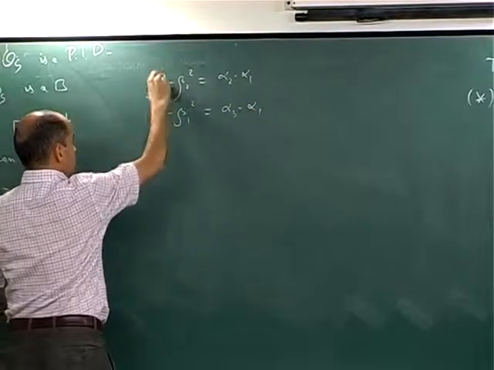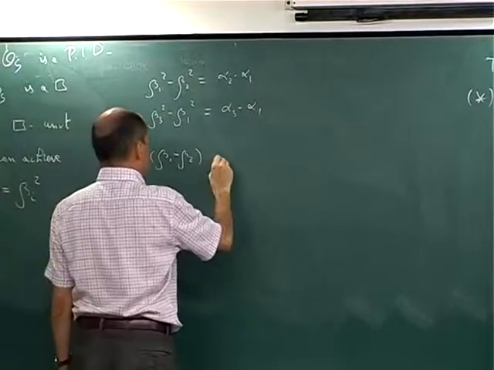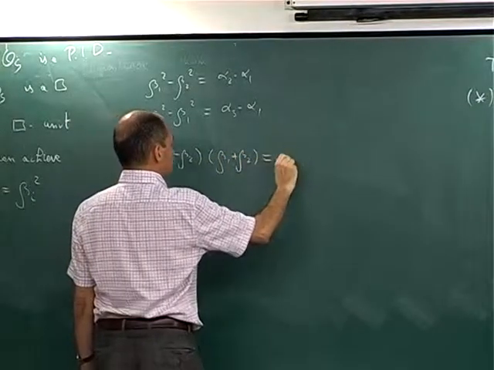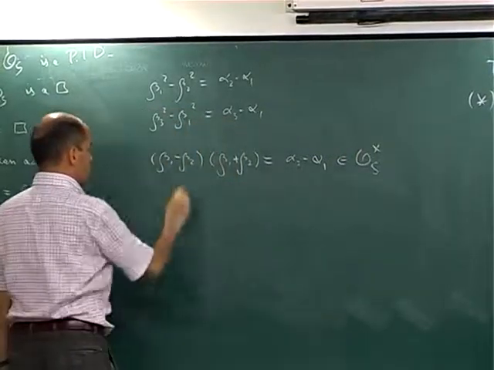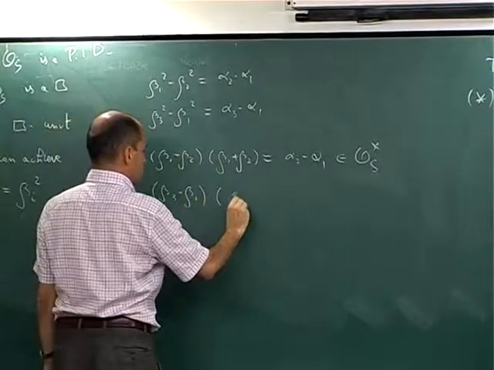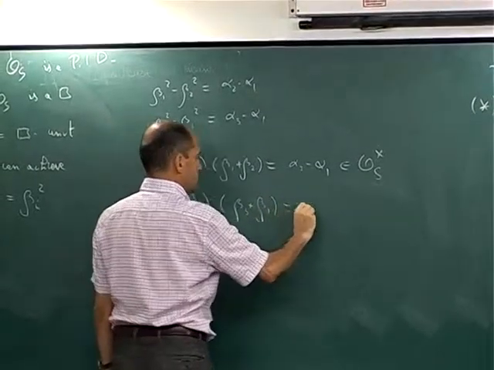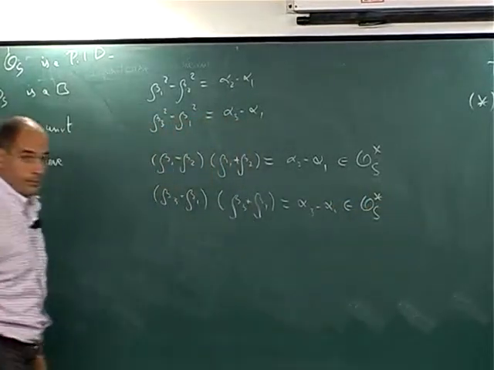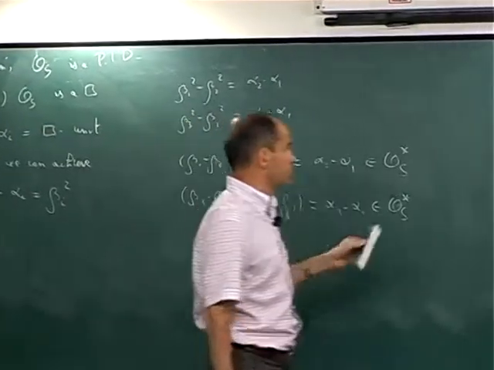So we can factor here: beta 1 minus beta 2 multiplied by beta 1 plus beta 2 equals alpha 2 minus alpha 1, which we said is a unit. And here, beta 3 minus beta 1 times beta 3 plus beta 1 is alpha 3 minus alpha 1, which is another unit. So finally, each of these 4 terms is a unit.